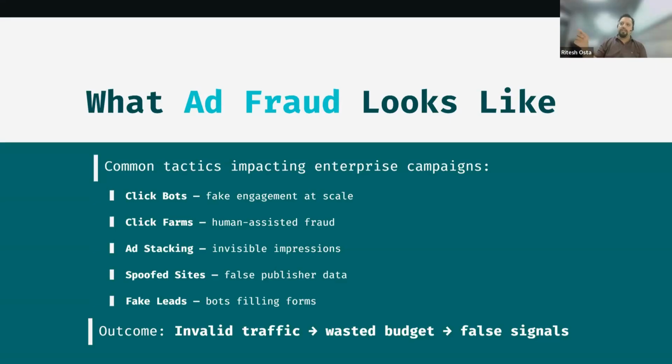Since there is a click, the signal will go back to the display network that, hey, there was a click, and then the money will be deducted from your account because you are paying the bill. So somebody is paying the bills, correct? And those fake publishers are making money, and then they are distributing some of that money to those people who are sitting and clicking, right? It's a very rampant problem. It's actually very hard to track those.